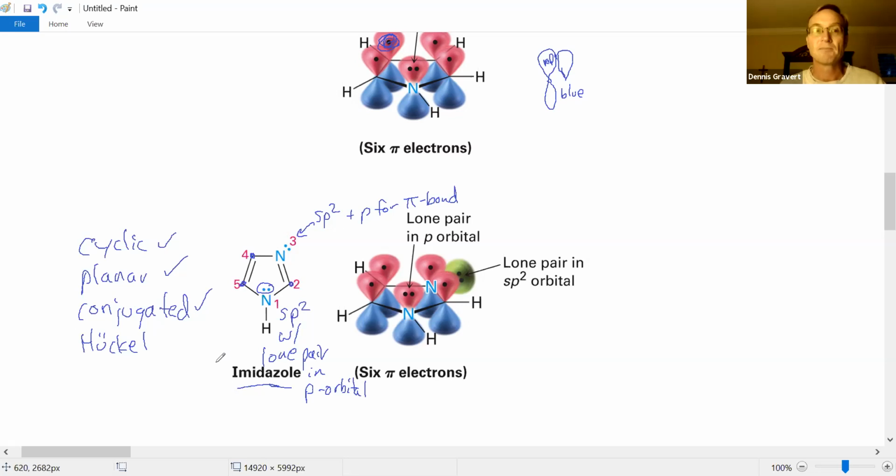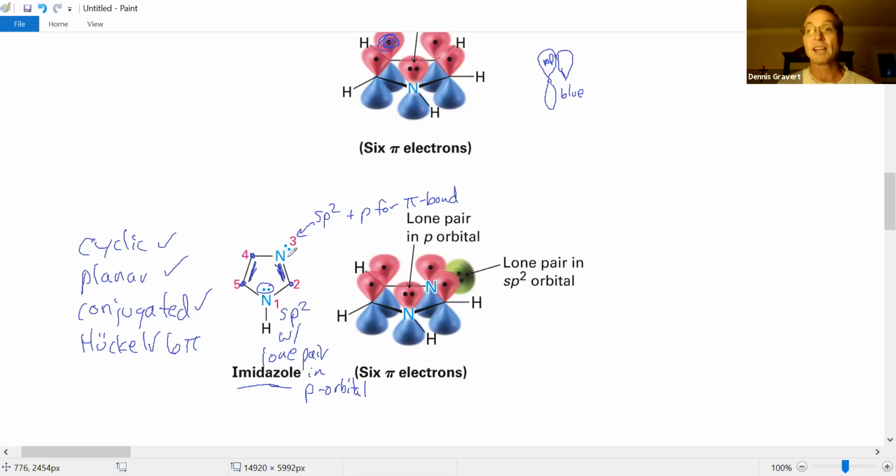It's conjugated. Do we have a Huckel number of pi electrons? Well, one pi bond is 2 electrons. Second pi bond is 4. Lone pair counts, that's 6 pi electrons. Yep, it's aromatic. Now, how come it's this lone pair on the bottom and not the lone pair on the top?